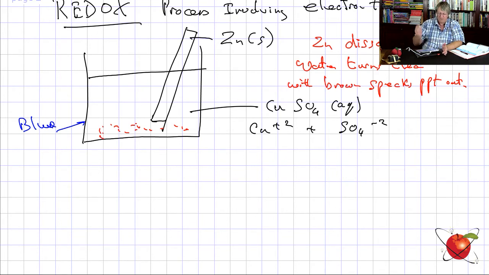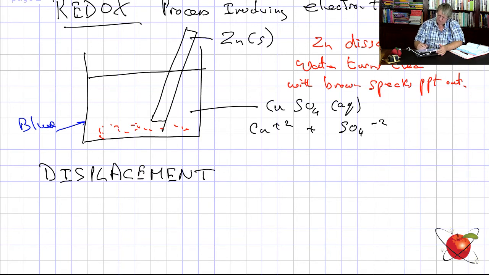What has happened? Do you remember grade 7, 8? They used a word at the time. They used this word: D-I-S-P-L-A-C-E. Displacement reactions. What are they?